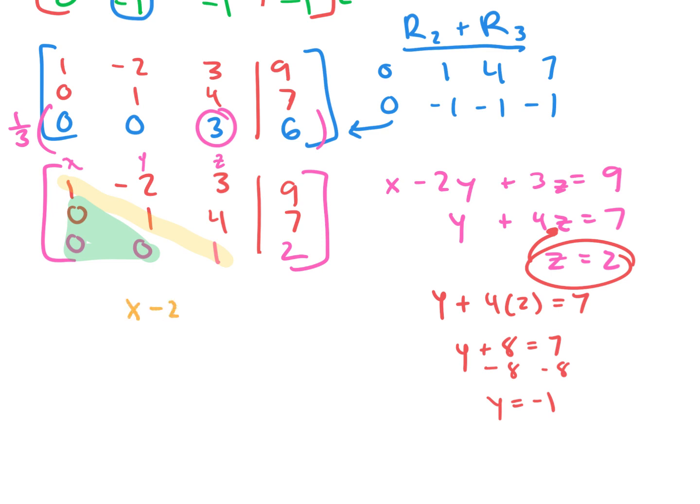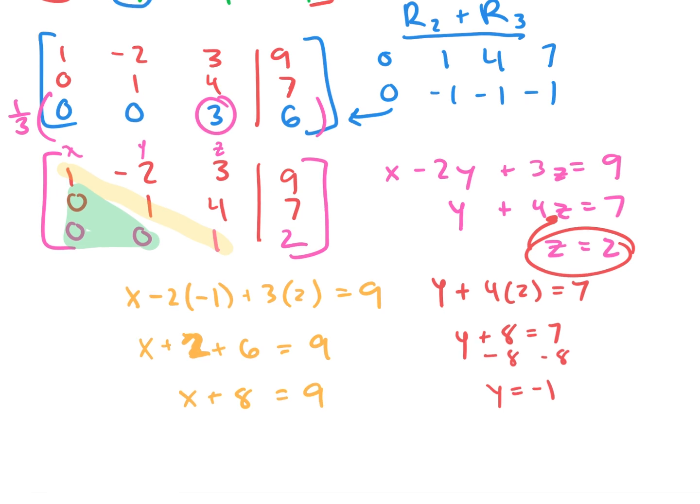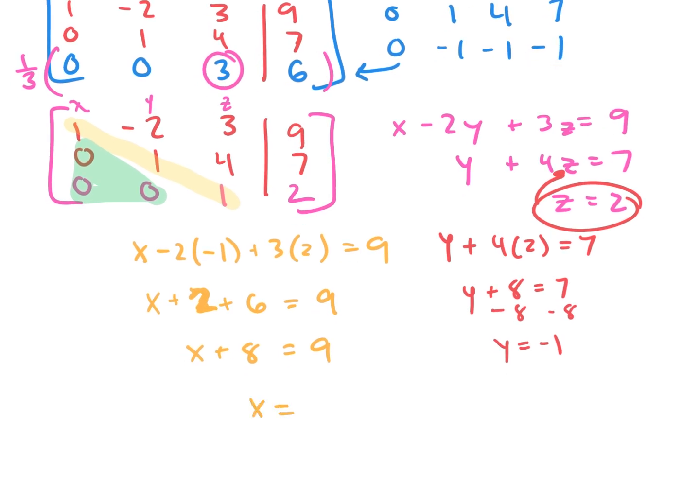So I have x minus 2 times -1 plus 3 times 2 equals 9. And then solve. So x plus 2 plus 6 equals 9. x plus 8 equals 9, so then x equals 1. So 1, comma, -1, comma 2. So our answer would be 1, -1, 2.